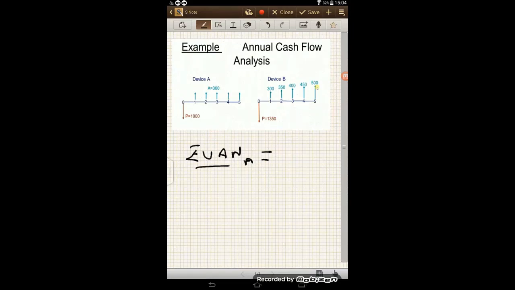So I am going to choose A right now. At the beginning we are paying $1,000, so $1,000, then we are going to convert this one with A over P, again 7% for the 5 years. So this is the first equation we need to write here.